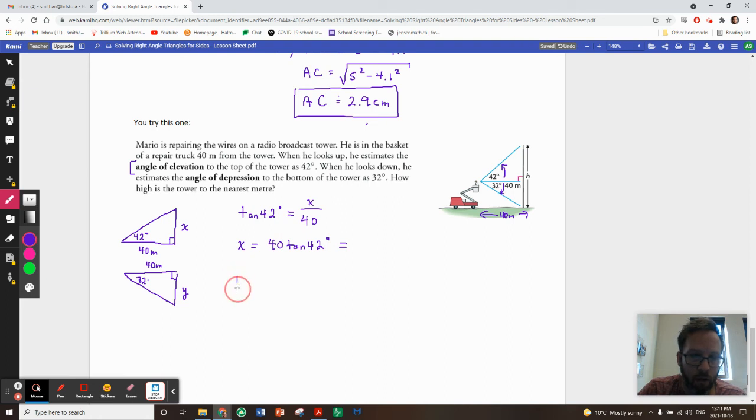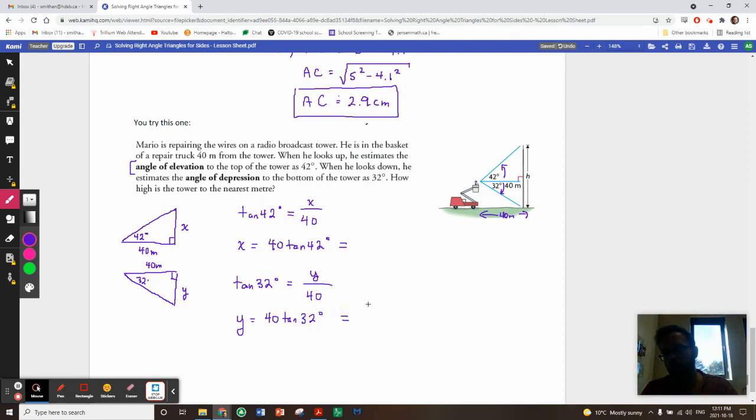For a second triangle, very similar, the tan of 32 degrees equals the opposite side, which is Y, over the adjacent side, which is 40. And that will mean Y is equal to 40 times the tan of 32 degrees. We'll get that. And then we'll make a concluding statement. We'll add them up. So let's do it.